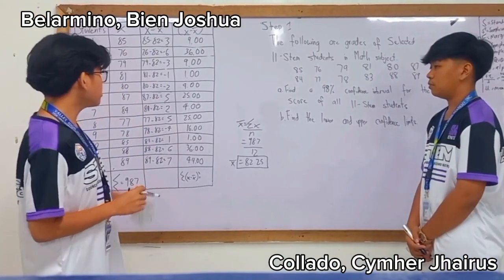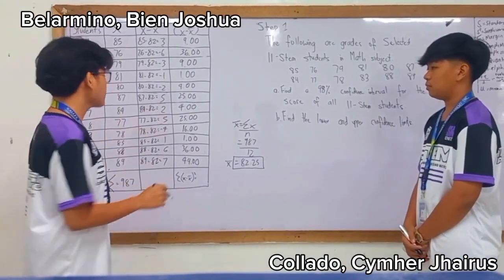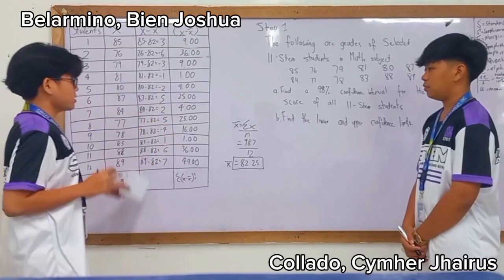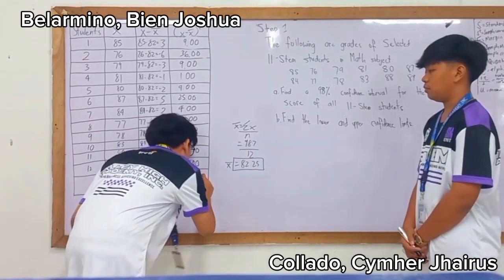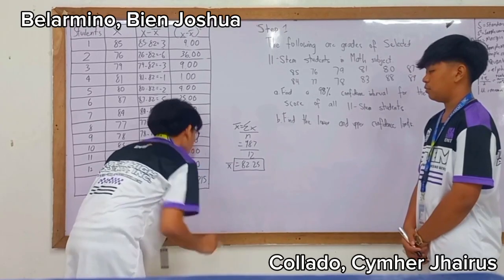Next, we need to get the total of all of this, which is the summation of the quantity of x minus sample mean raised to 2, equals 250.